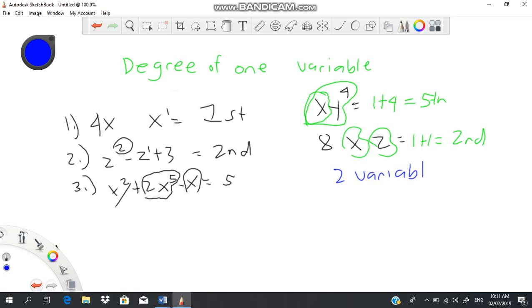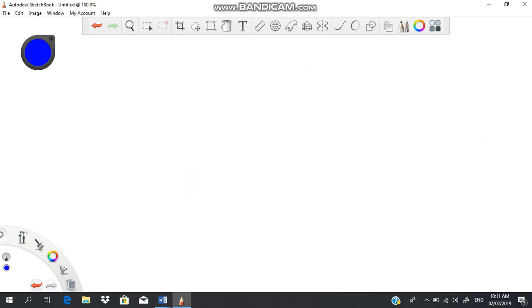One thing and the last thing to teach you is the standard form. So you might ask me, what is the standard form? So the standard form teaches you how to arrange polynomials by their degrees or in alphabetical order.